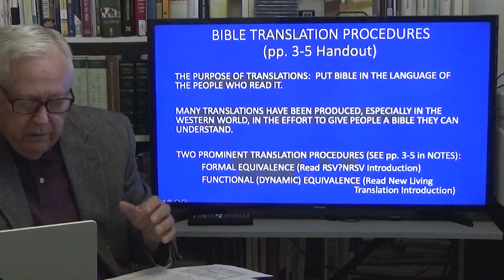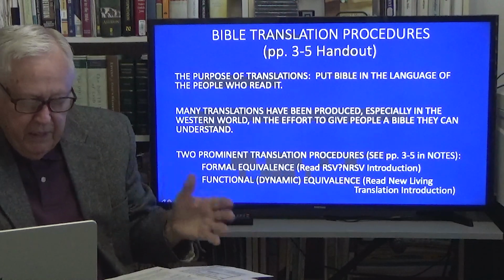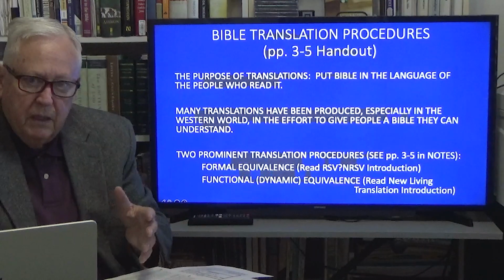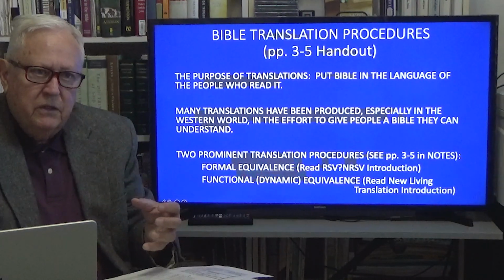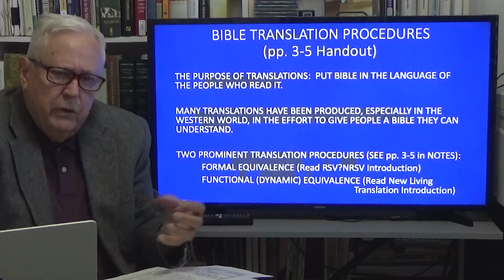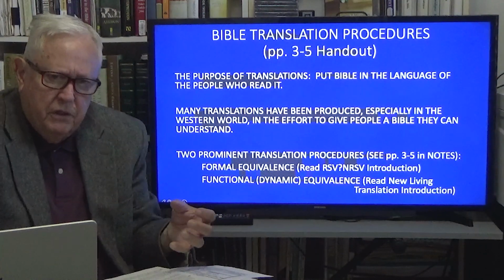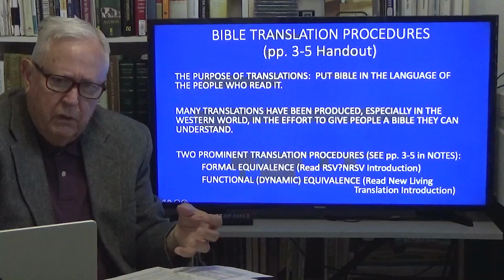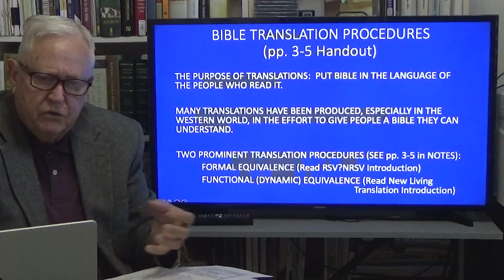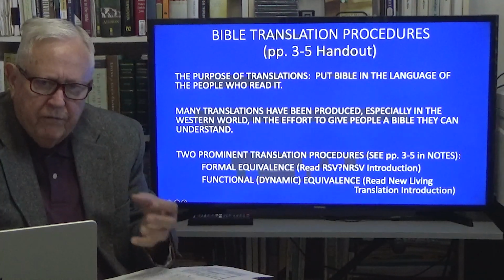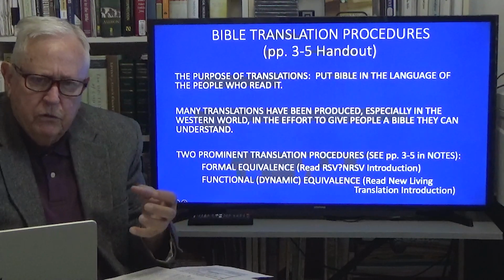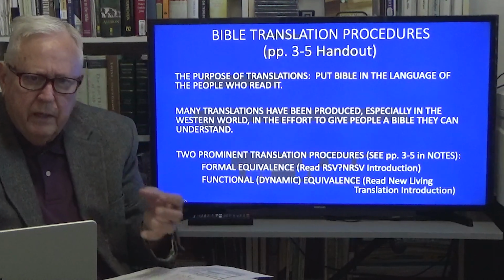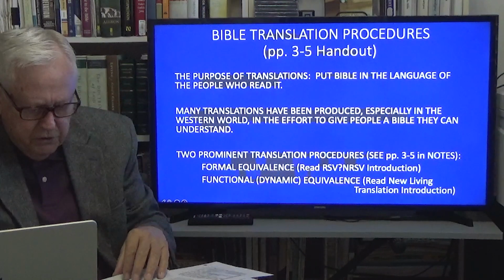So it's important that Christians understand the nature of the translation they're using, because that is moving you into interpretation, whatever the translation is. From the King James to the NIV, it's moving you. King James as well as the NIV, just not as much. And so you have to be aware of that if you're going to use the Bible for transformation of your mind and for Christian decision making.